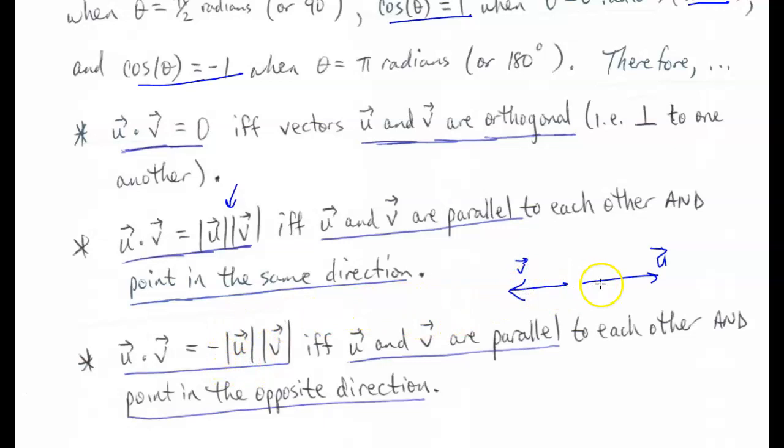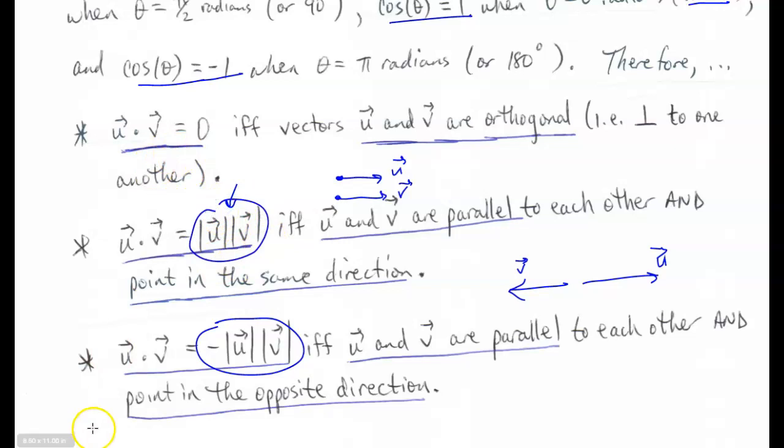And so if we wanted to dot those two vectors together, this would be the outcome. Whereas here, this is u and this is v. Of course, they're parallel and they have the same direction. So if we dotted those together, that's why it would end up being this.